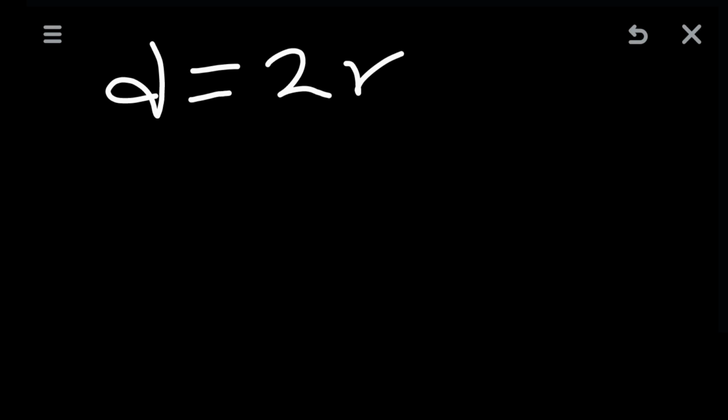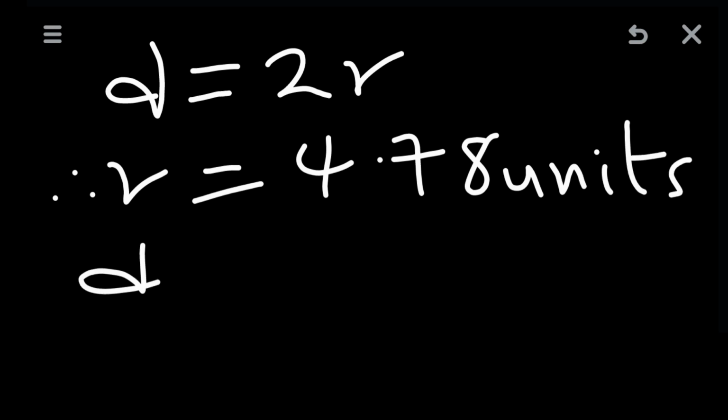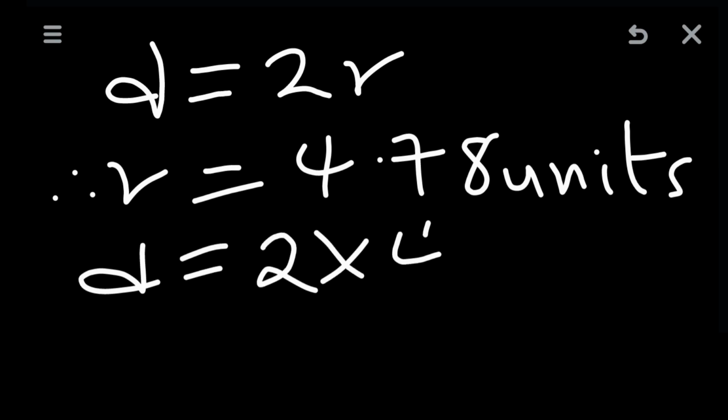But our diameter D equals 2r. Since our r equals 4.78 units, then diameter D would be equal to 2 multiplied by 4.78 units.